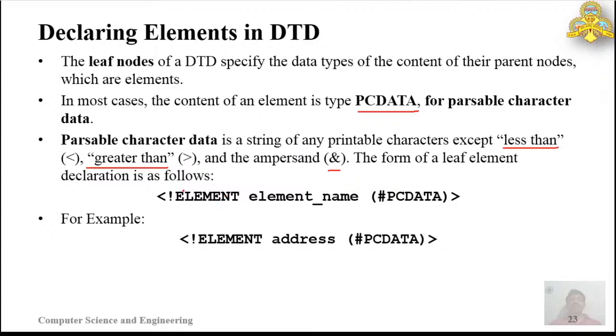The reason is that in XML we use these symbols to specify the start and end of the tag name. So if I include these symbols within the tag, it will be ambiguous for the XML processing software. So PCDATA excludes these three symbols: less than, greater than and ampersand.